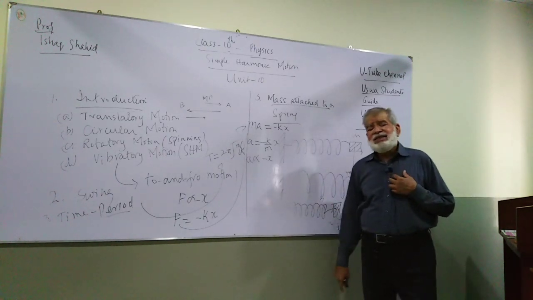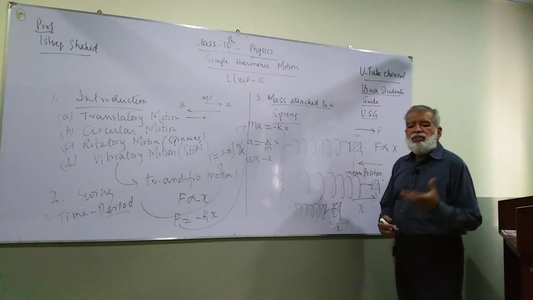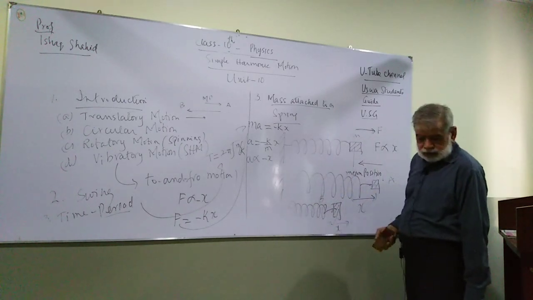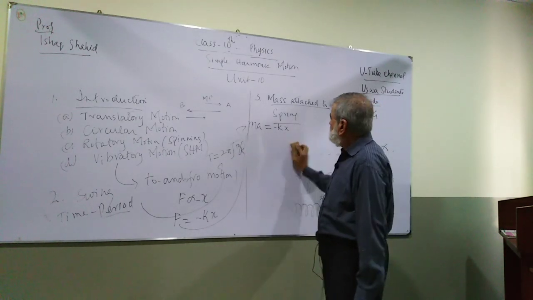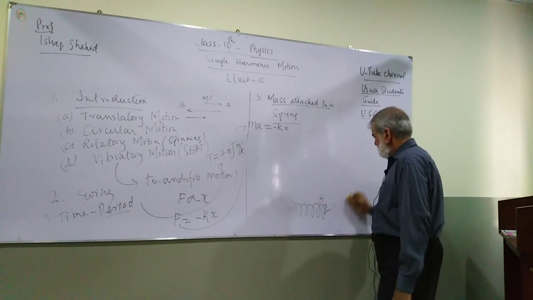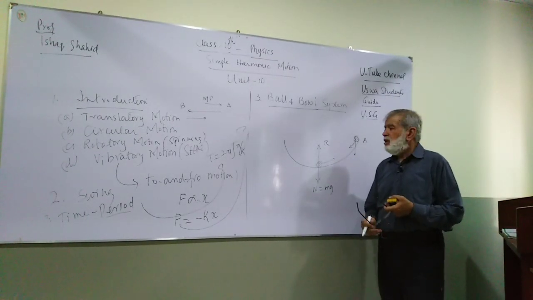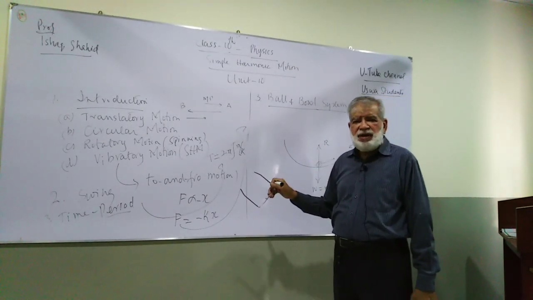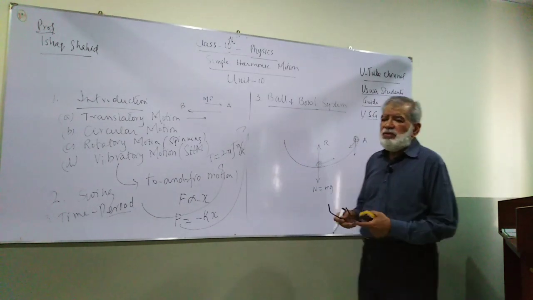Now we can take another example of simple harmonic motion, in which we take a ball which has been placed in a bowl. Earlier, I talked about the mass attached to a spring which was performing simple harmonic motion around the mean position.